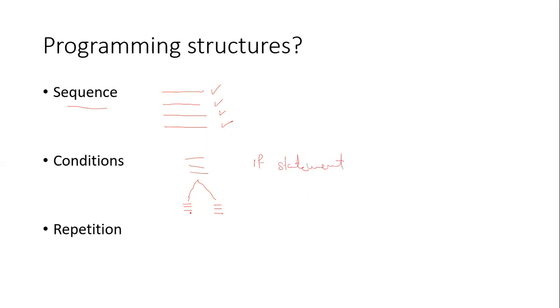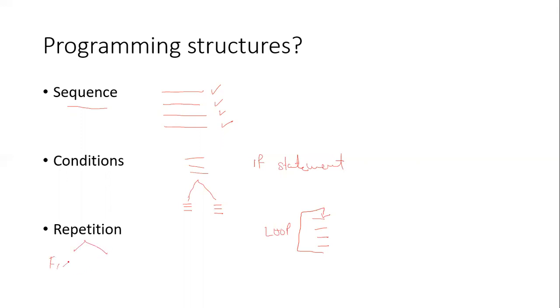Now we're looking at repetition. Repetition is where we have these statements, and we then go back up and we execute the statements again. So this is in the form of a loop where we repeat statements. There are two types of repetition that we get.